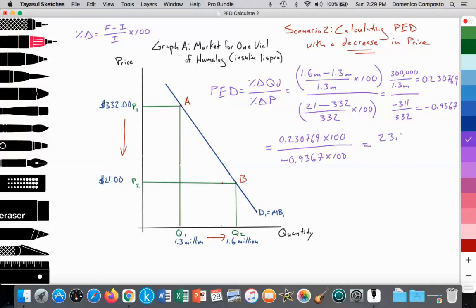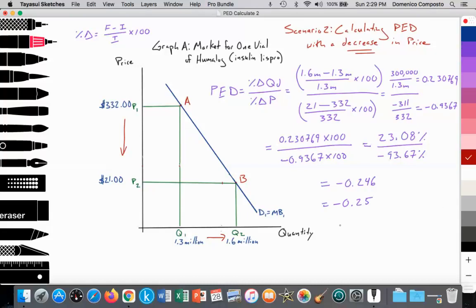And that works out to 23 point, round up to the second significant figure, 0.8% divided by negative 93.67%. And that works out to negative 0.246, but we're going to round up to the second significant figure, negative 0.25.